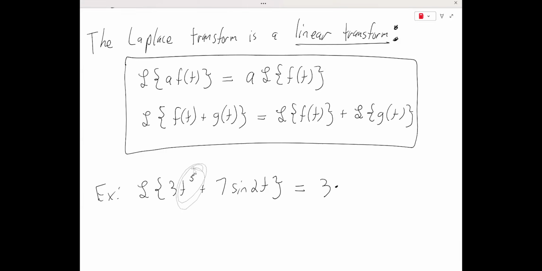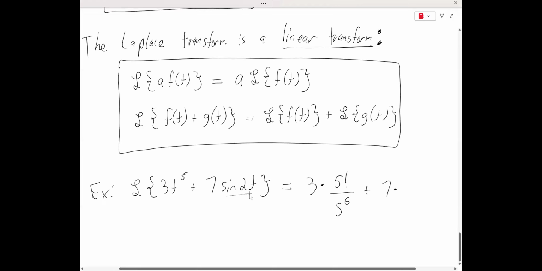So Laplace of t to the fifth, that was 5 factorial. That's going back to the other one, right? So 5 factorial over s to the 6th. Is that right? Because it's n plus 1. So 5 factorial over s to the 6th there, plus 7 times the Laplace of sine of 2t.